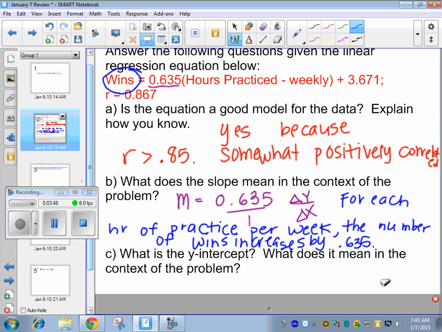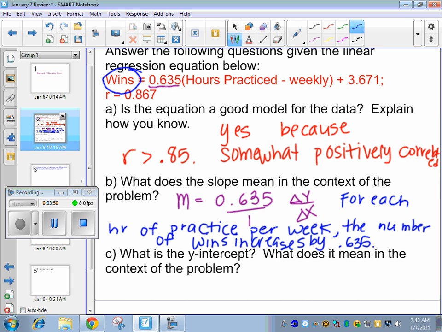We have not really talked about the y-intercept. Anybody know which number the y-intercept is? It's the only one we haven't used yet. Yep, Natalie? Okay, good. This number right here is the y-intercept, 3.671.